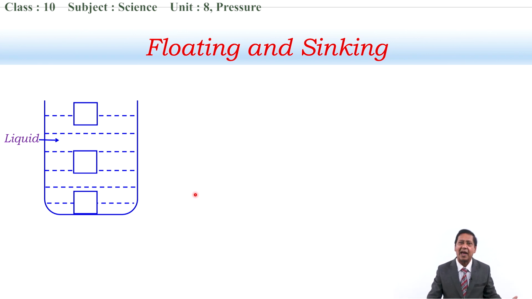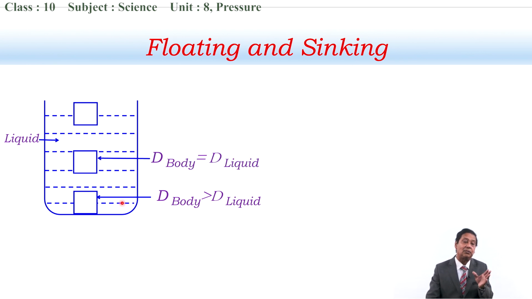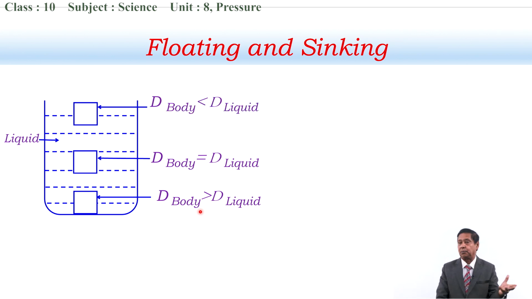What is the science behind this? What is the reason? I want to describe the reason with the help of density. If the density of the body is greater than the density of the liquid, then it sinks into the liquid. But if the density of the body is equal to the density of the liquid, then it will remain as suspension inside the liquid like this. And if its density is less than the density of the liquid, then it floats.